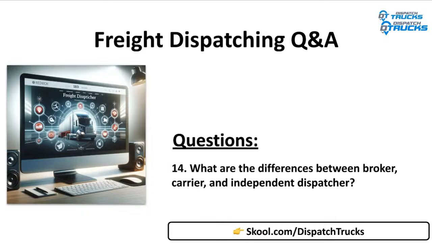And this is how they differ. And there are regulations in between. We talked about one of them: for independent dispatchers, it's illegal to talk to a shipper. It's a regulation. Why? If you wanted to talk to a shipper as a freight dispatcher, then you must become a broker, because it's a broker's job. So everyone should know the responsibility. Is that cool? You guys getting value out of this?